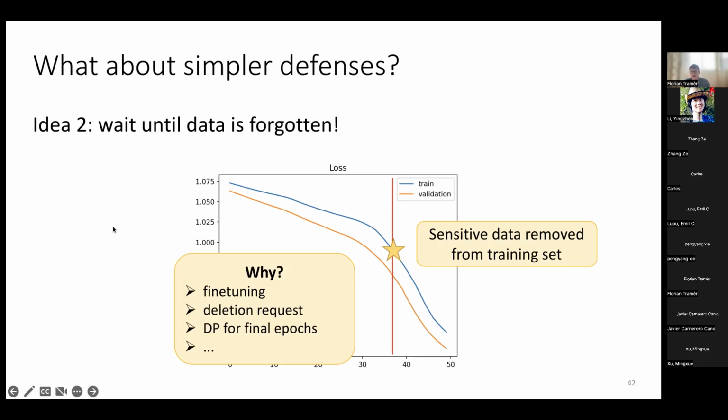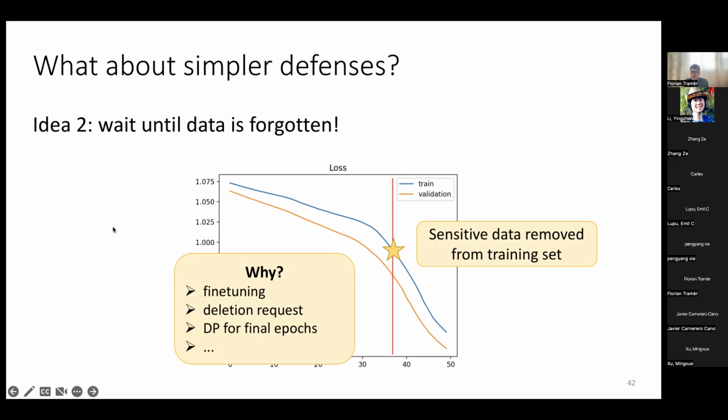You might imagine something like this in the case of a model that gets fine-tuned. So you have a model that's originally trained on some data set and then later gets fine-tuned on a different data set. You might wonder, well, what does this do for the privacy of the original data that you pre-trained on? You could also consider deletion requests, so something like the GDPR with the right to be forgotten.